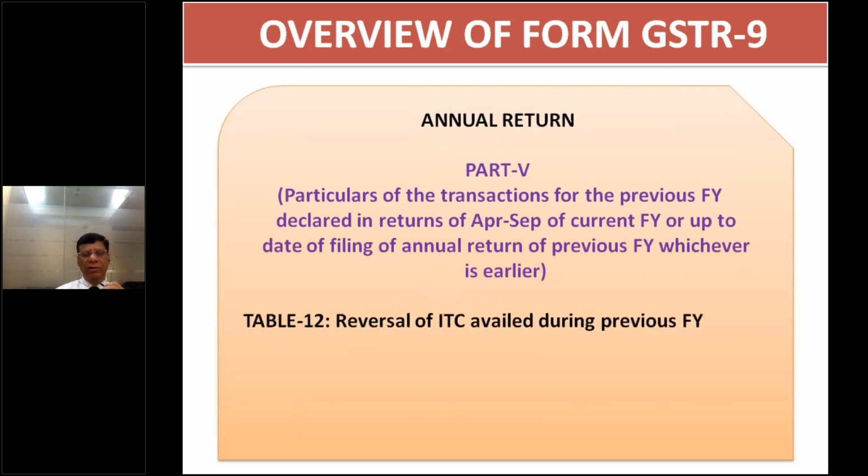Table 12 contains reversal of ITC availed during the previous financial year. So you might not have paid to a supplier within 180 days, or there may be many other reasons for which you may be making the reversal of ITC during the subsequent period.